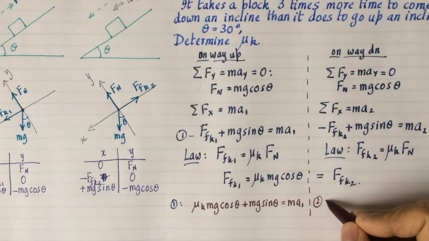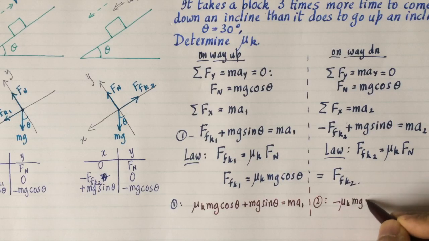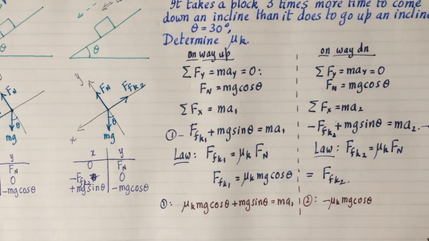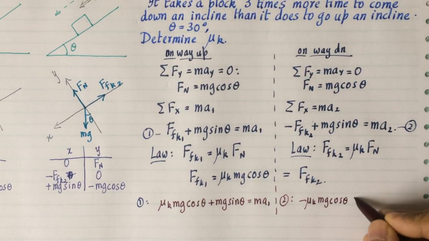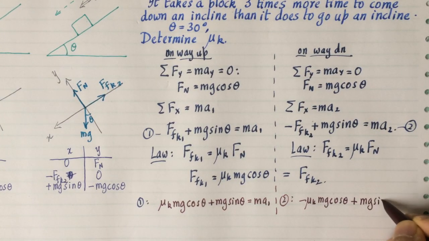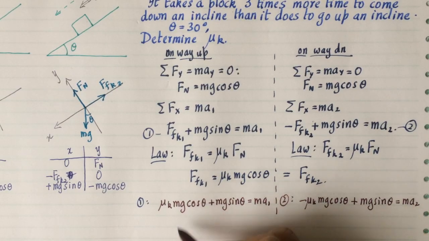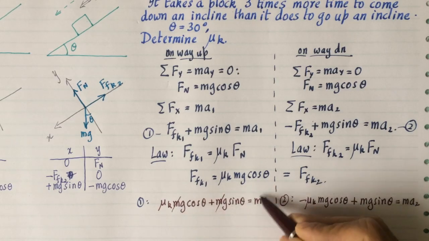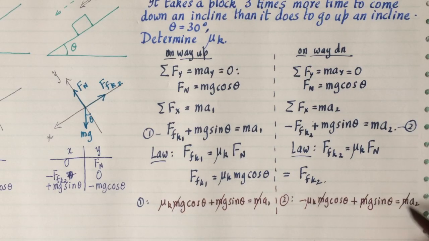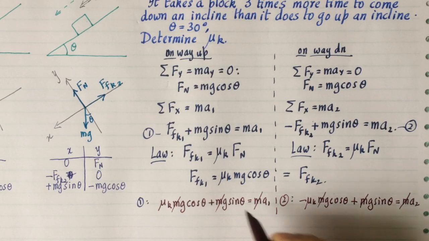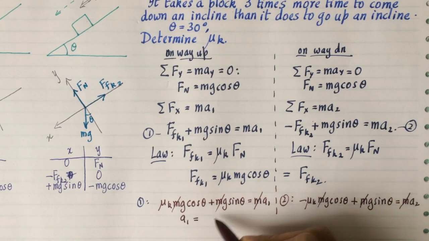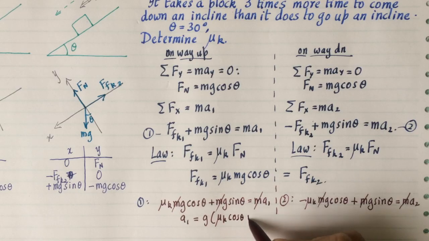And from equation 2, I have negative mu k mg cosine theta plus mg sine theta is equal to ma2. Observe that mass cancels throughout, which means that it doesn't matter what mass goes up or down. The first acceleration a1 is going to be g times mu k cosine theta plus sine theta.